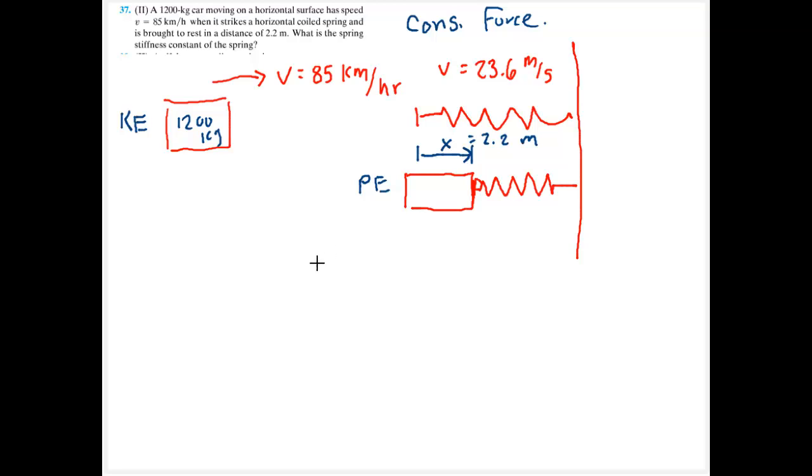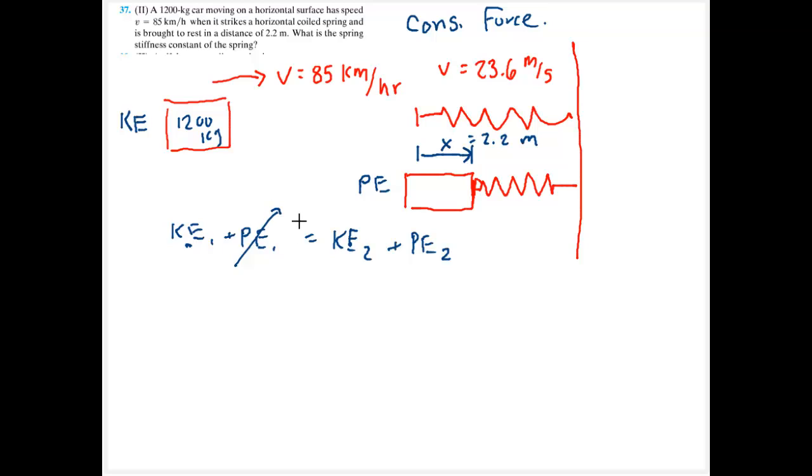So I know that my energy must be a constant, so my kinetic plus my potential initially must be equal to my kinetic plus my potential final. So kinetic energy 1 plus potential energy 1 must be equal to kinetic energy 2 plus potential energy 2.